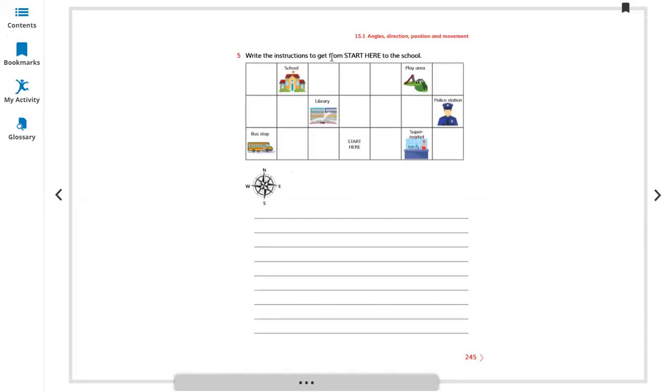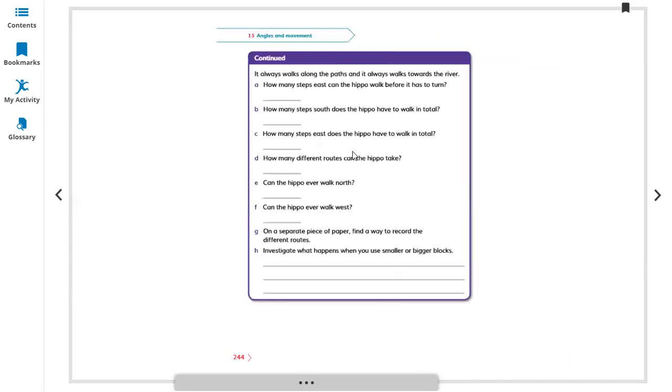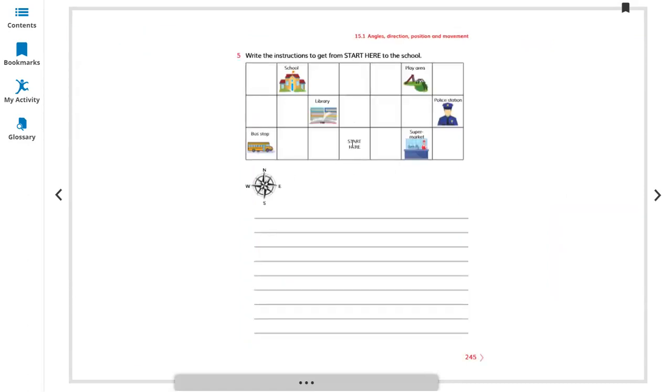Write the instruction to get from start here to the school. So where you are, first start here. You want to go to the school, so first you are moving to the east or to the south or to the north. You are following this direction, moving forward, moving straight.